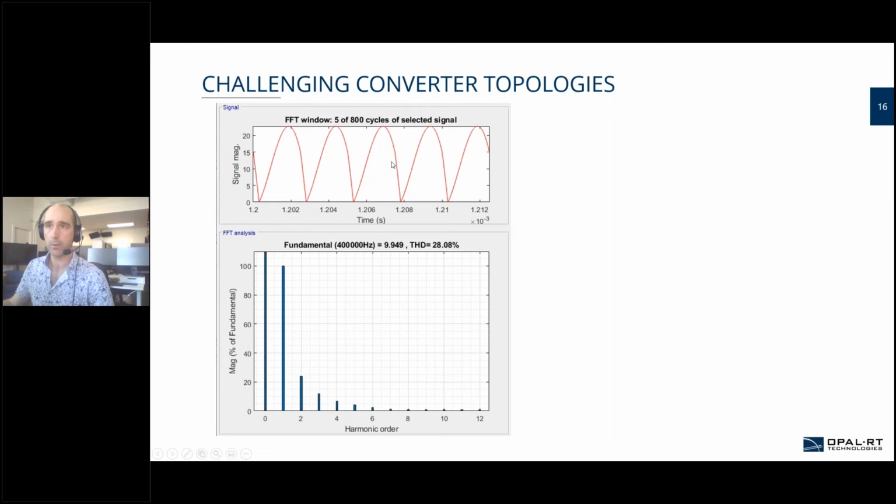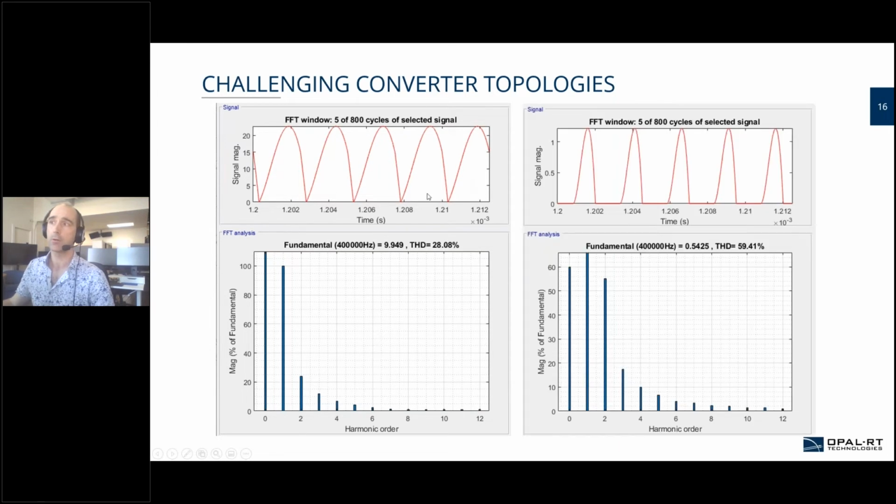And this is when you're actually sending power. If you start to go in discontinuous mode, then the harmonic content gets even higher, and this signal becomes even harder to simulate. So this is something you have to keep in mind when you do the simulation. In order to achieve those signals, you need to go to a much lower time step, because the signal that you're actually observing is going to be 400 kilohertz.